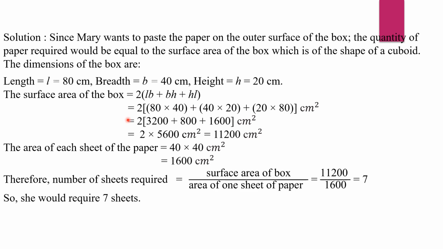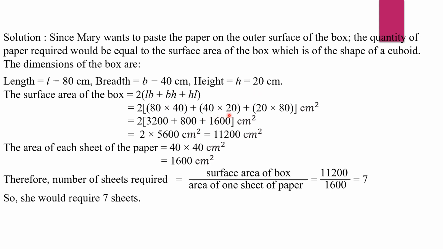That is equal to 2 of, see the first term in the brackets, LB. What is the value of L here? 80 into, what is the value of B here? 40. So 80 into 40. Understood the first term, my children? Plus, come to the second term, BH. What is the value of B here? 40 into, what is the value of H here? 20.